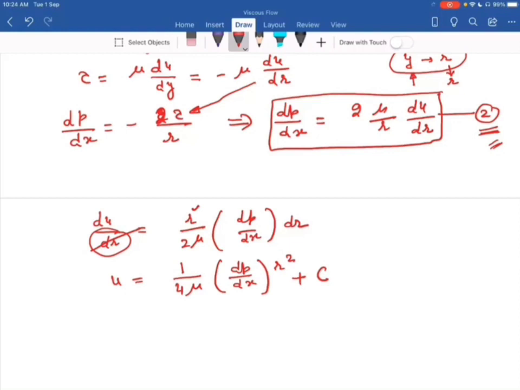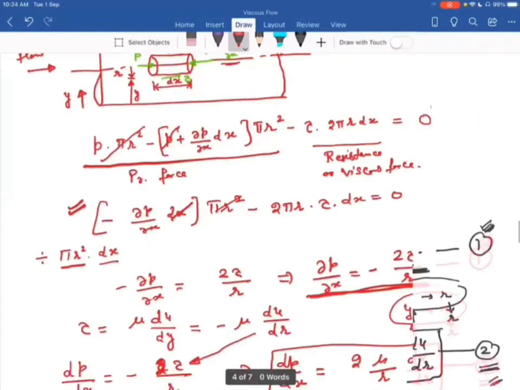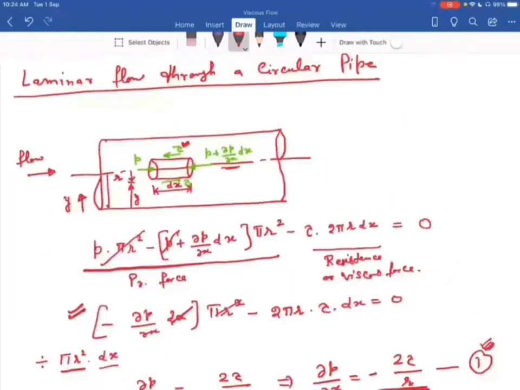After integrating this equation with respect to r, we have this relation now. Now we have to find out the value of constant c by using the boundary condition. The boundary conditions are, say the total radius of the pipe is capital R. Capital R is the radius of the pipe.